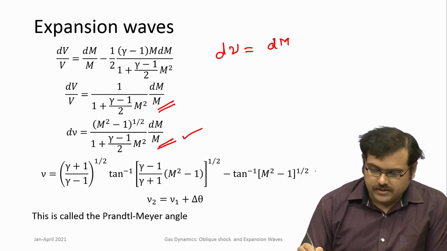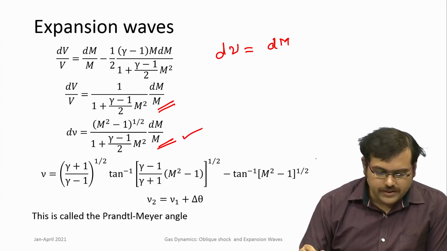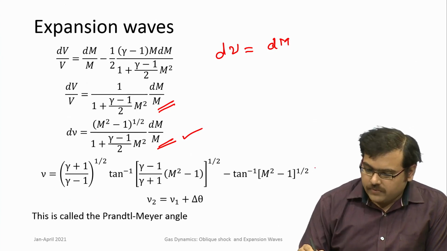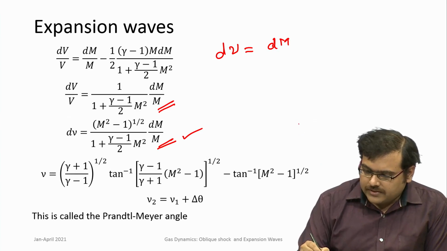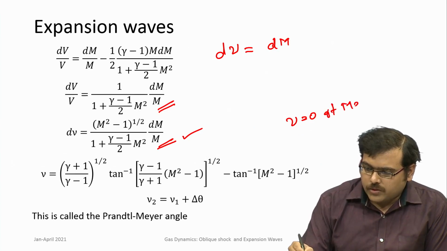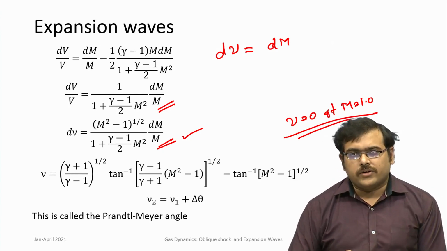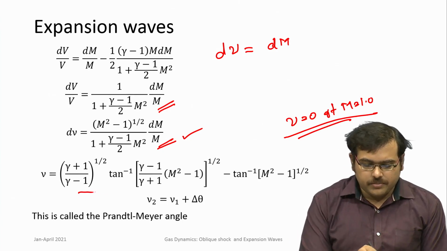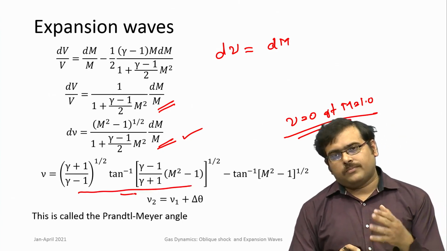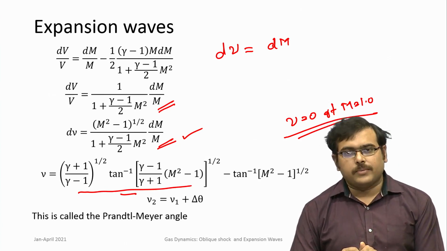So this is the Prandtl-Meyer angle. Of course you will have a constant. The constant is taken such that nu equals 0 at Mach number equal to 1. So when Mach number is 1, the Prandtl-Meyer angle is 0. Once that is taken, you get this relationship. This is given in any charts, and this is the Prandtl-Meyer angle.